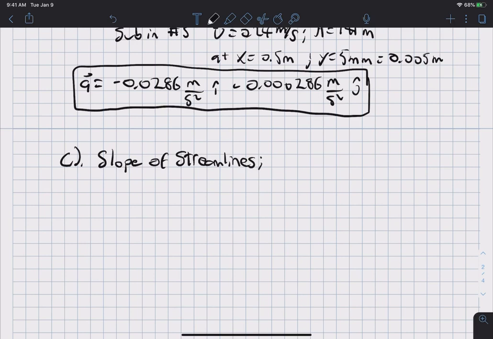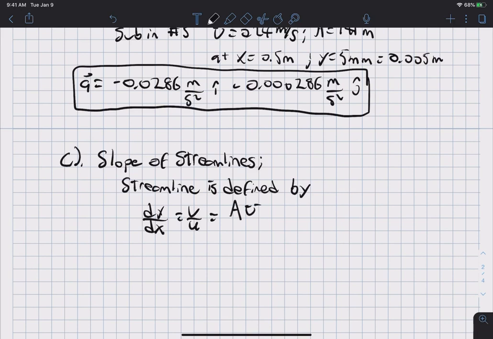Recall from way back in lecture 1 or lecture 2 that in 2 dimensions, a streamline is defined by dy dx equals v over u. Okay, and so we know v and we know u, so we just simply substitute them in.